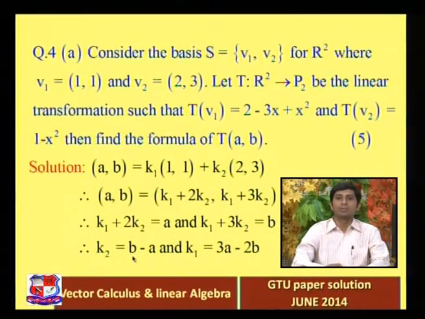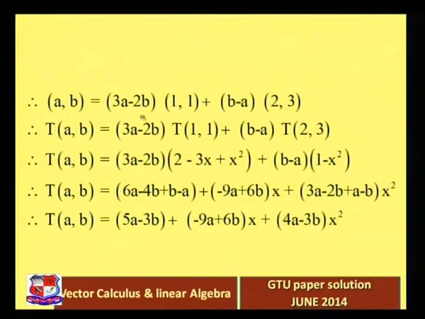Okay. Now put the values of K1 and K2 in the first equation. The first equation is (a, b) equal to K1 (1, 1) plus K2 (2, 3). Now this is the value of K1, this is the value of K2. So (a, b) is equal to (3a minus 2b) into (1, 1) plus (b minus a) into (2, 3).